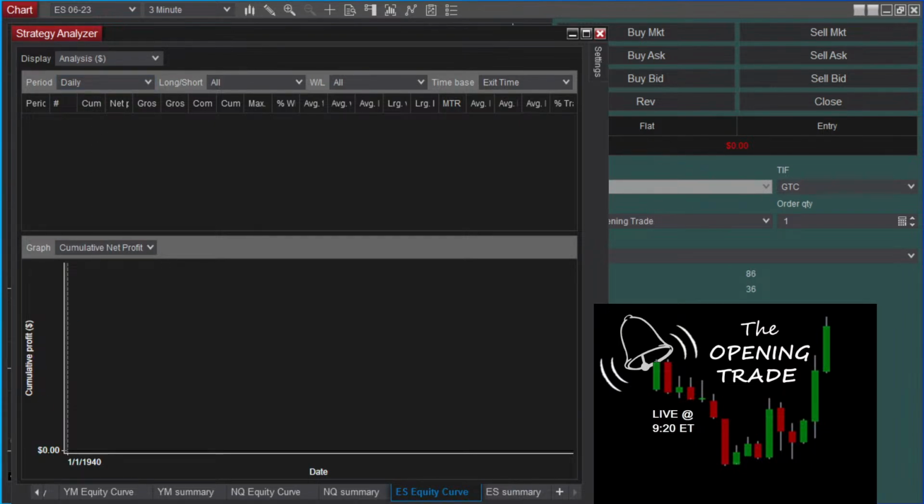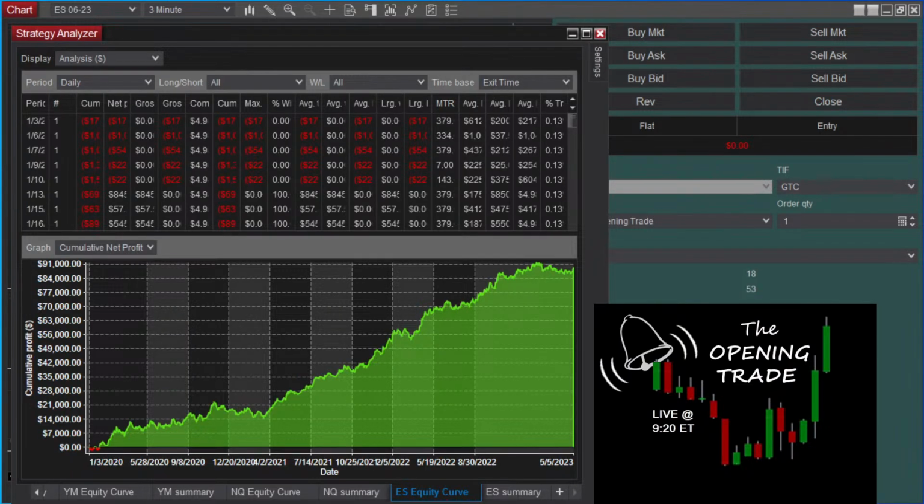Today's Wednesday, May 10th. What have we seen in the news? All right, there we go. There is that equity curve for the S&P 500, which also fires off at the same time as the NASDAQ, as long as its automated trade indicator has been met.